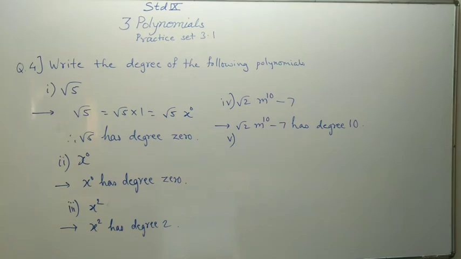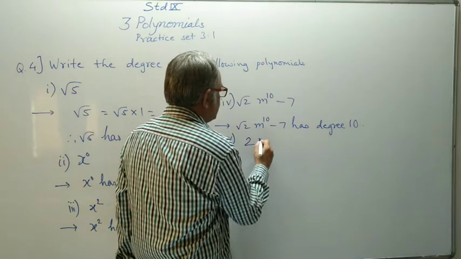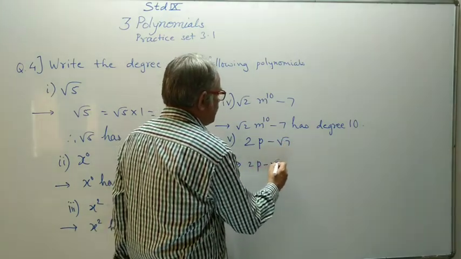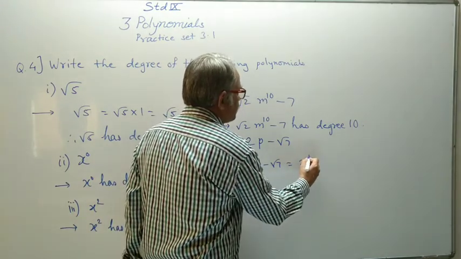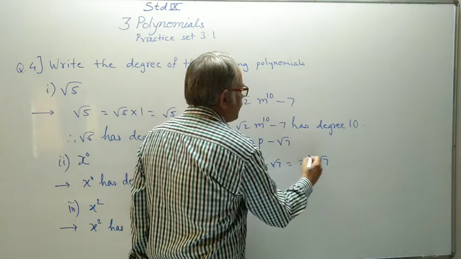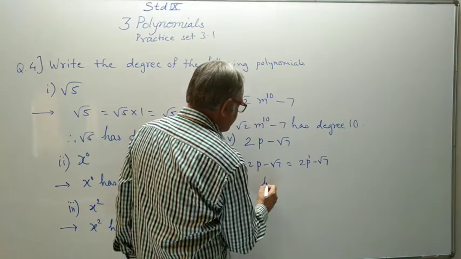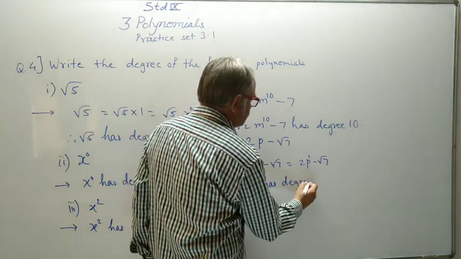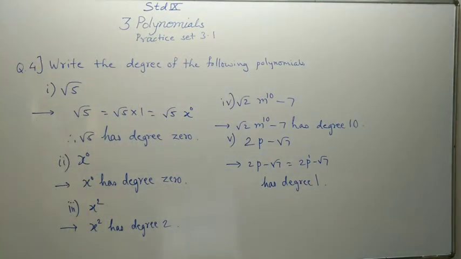Fifth, 2p minus root 7. 2p means 2p raised to 1. P means p raised to 1. That need not be written, for your understanding I wrote it. It has degree 1. So neatly observe the first 5 questions.